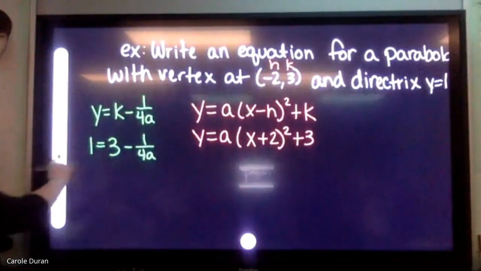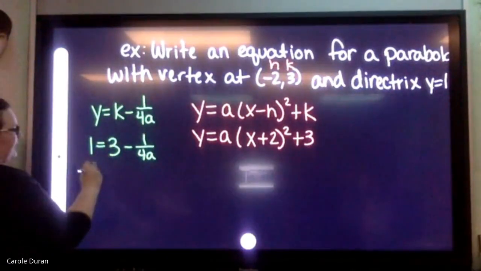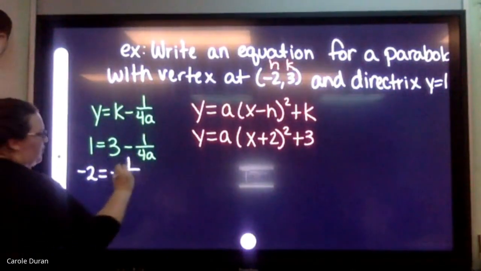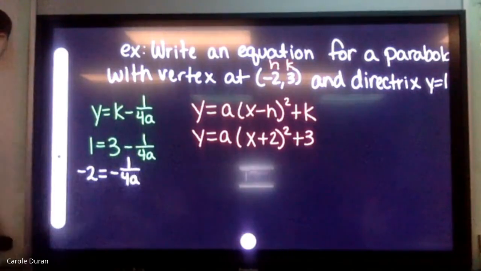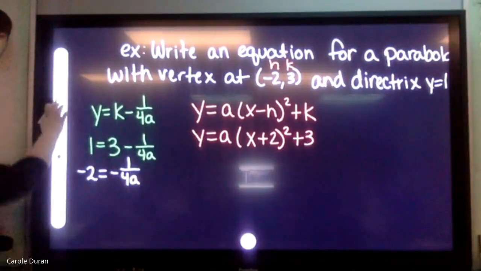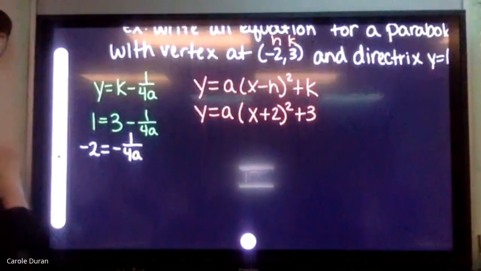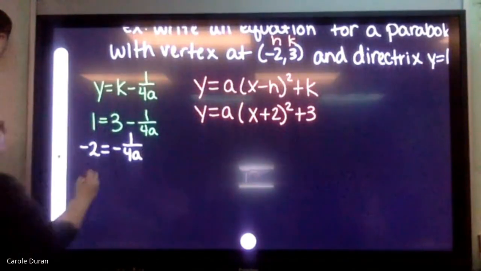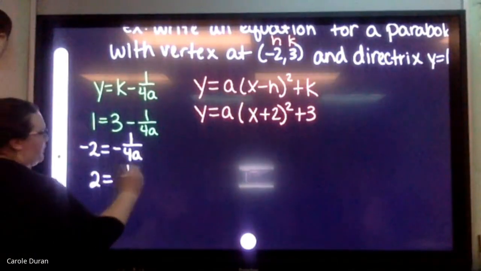Subtract it over. When I subtract it over, I get negative 2 equals negative 1 over 4a. Multiply by 1 or negative 1? Negative 1. Why would I multiply by negative 1, Brandon? Because then I get rid of the negative. So I get 2 equals 1 over 4a.